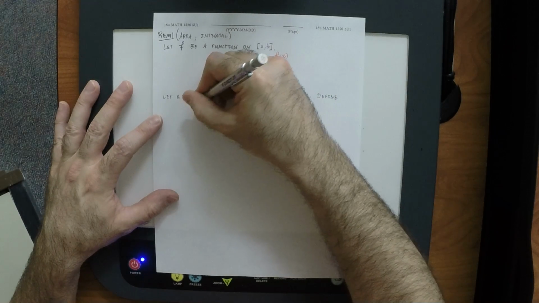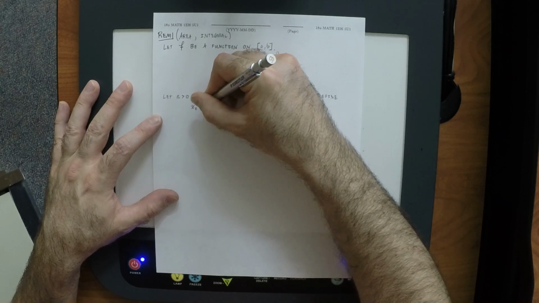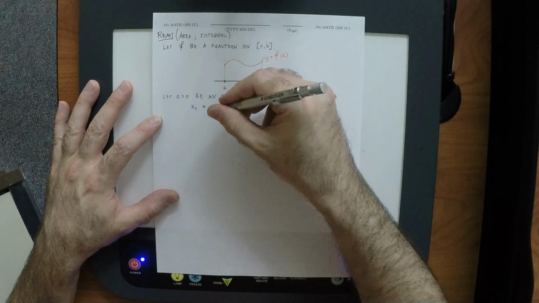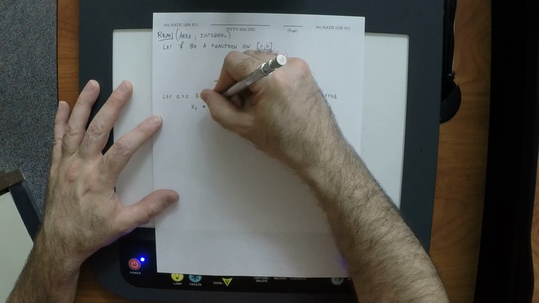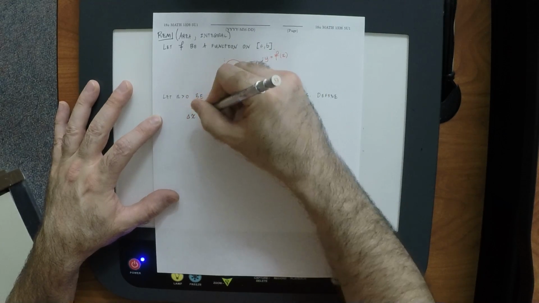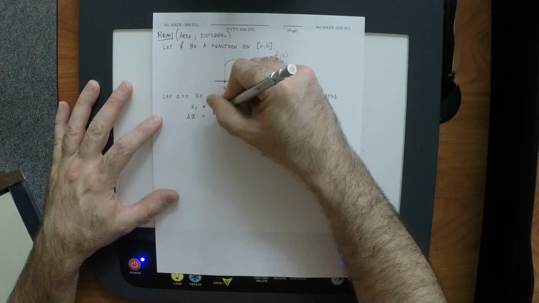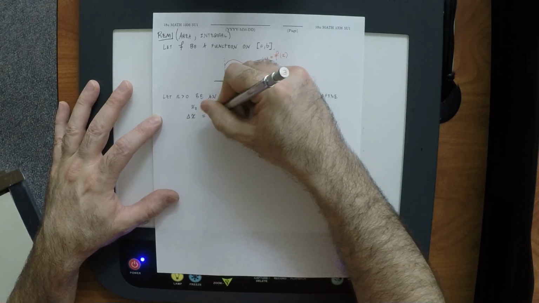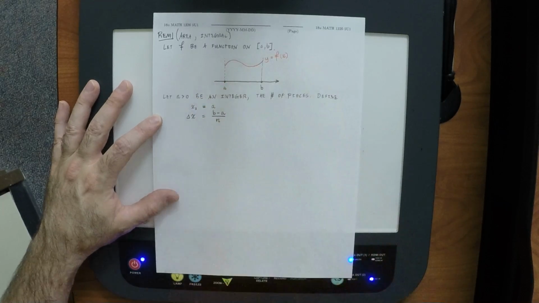Define x0 is A. Define delta x is b minus a over n.